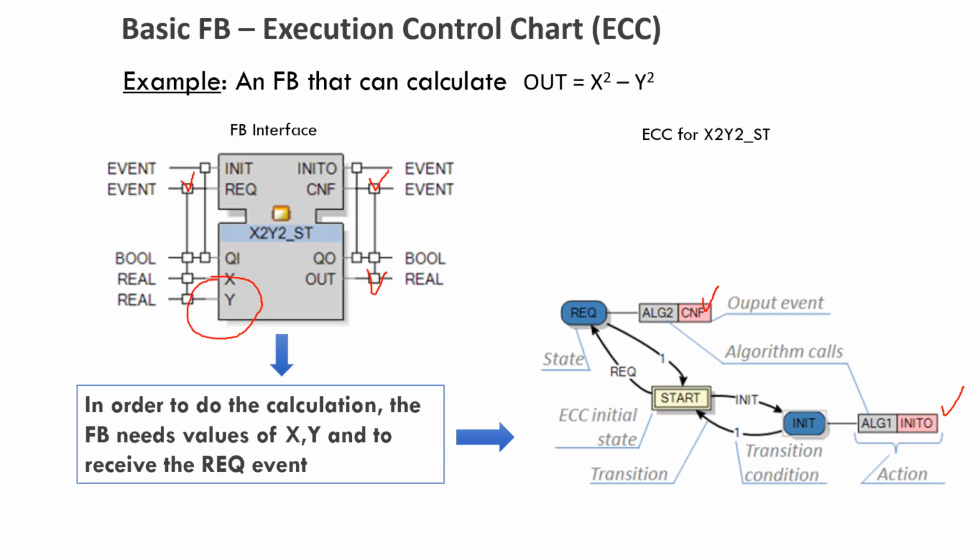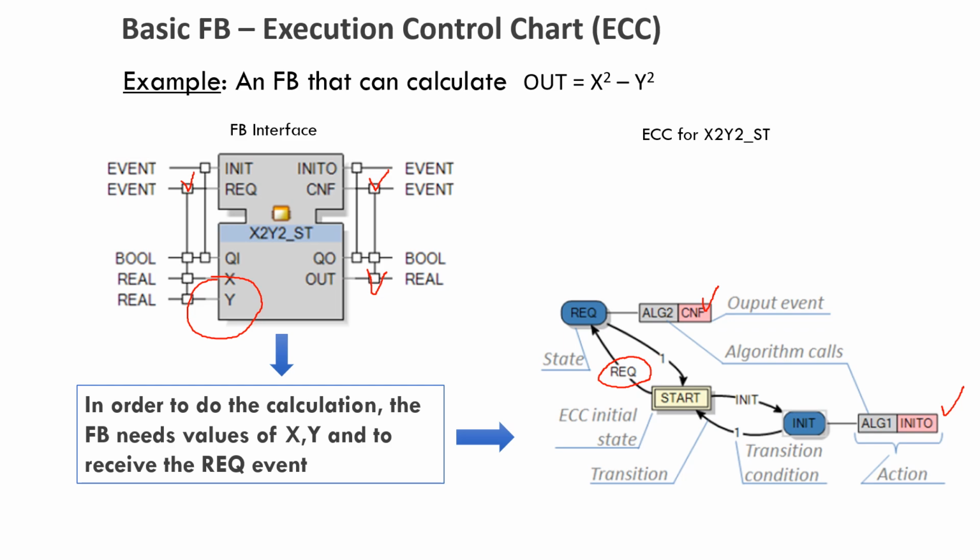The execution control chart consists of state transitions, which are arrows between the states. These state transitions have conditions. The condition of this state transition is rec, meaning that when event rec activates this function block, this variable rec is true. So that's why the state machine can jump from state start to state rec.